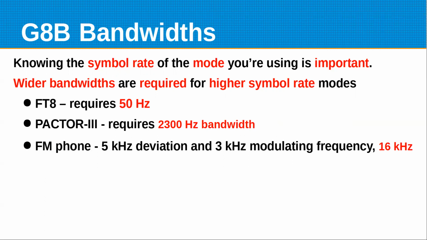If you're doing FT8, you need 50 hertz. If you're doing PACTOR or PACTOR 3, which is a much older digital, it's actually a packet mode, it requires 25 or 2300 hertz. And if you're doing FM phone, FM voice, with the 5 kilohertz deviation and 3 kilohertz modulating frequency, you need 16 kilohertz.